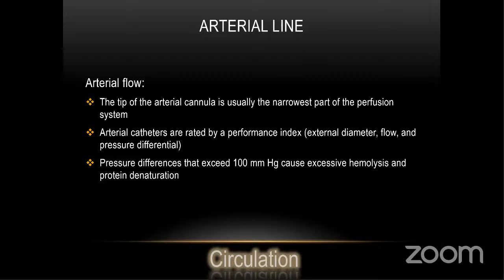Arterial catheters are rated by performance index, which takes into consideration the external diameter, the flow, and the pressure differential. Pressure differences that exceed 100 millimeters of mercury can cause excessive hemolysis and protein denaturation.